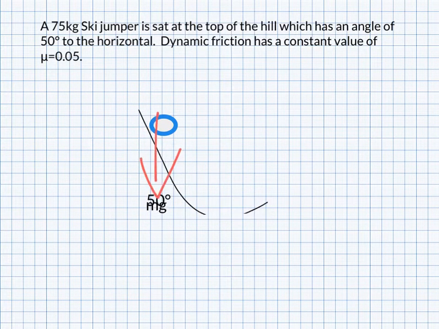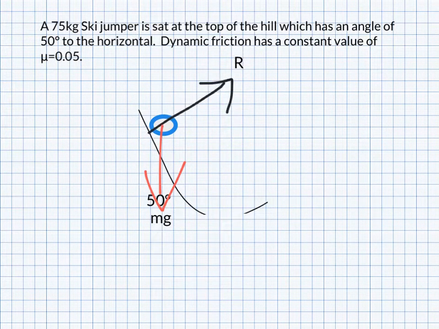Clearly he will have his weight as always, and our ramp will push off with the normal reaction force, and because there's friction involved, then there must be some sort of friction acting along the surface going backwards. So we'll label these mg, R and mu R. Now we've got our diagram, we can move on to doing the maths.